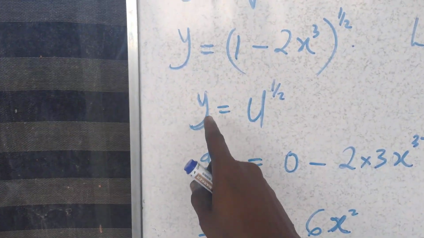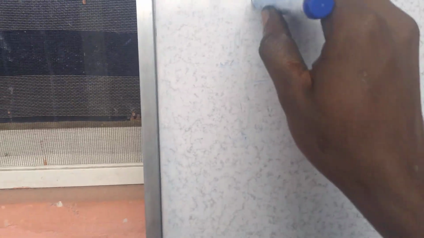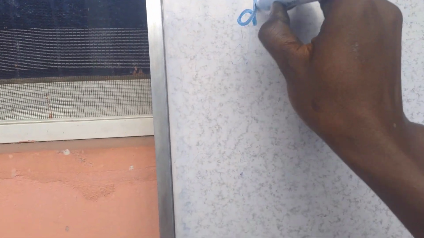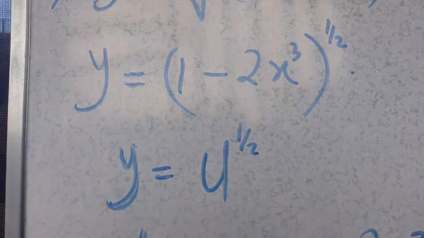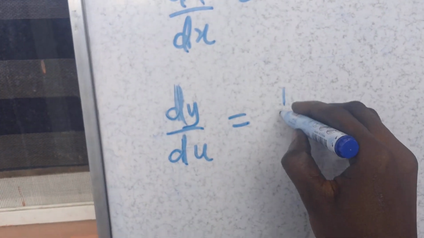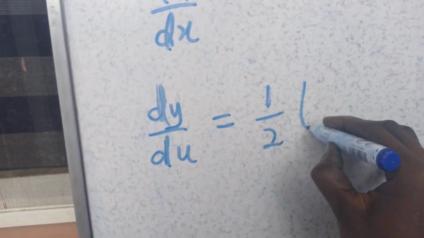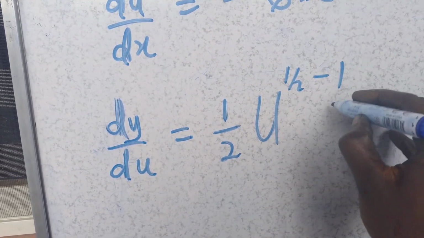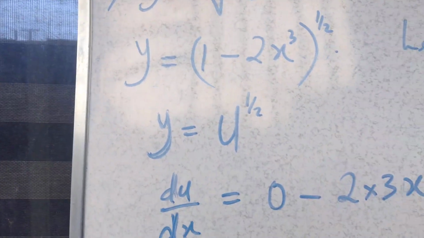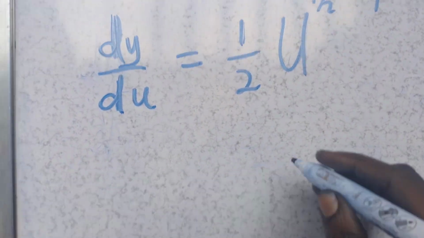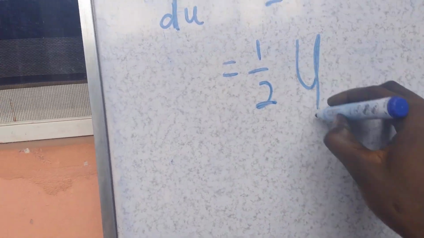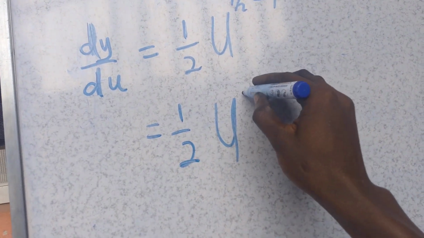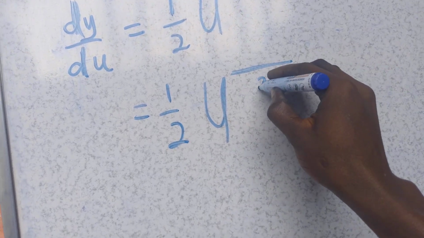Then let's look for dy/du. dy/du will be equal to, differentiate that. I'll bring down half. Now I'll be having 1 over 2 times u raised to the power half minus 1. So that will be 1 over 2 times u raised to the power, the denominator there will be 2.